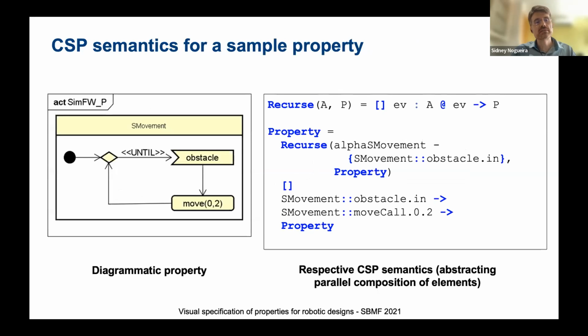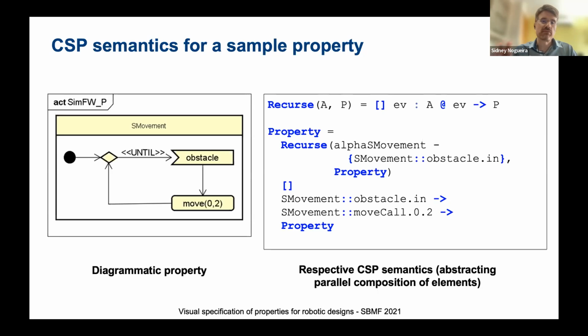Showing a bit more about this sample, with the property on the left-hand side and the CSP semantics on the right-hand side. This semantics is a simplification: it abstracts the parallel composition that exists in the semantics generated by the tool.